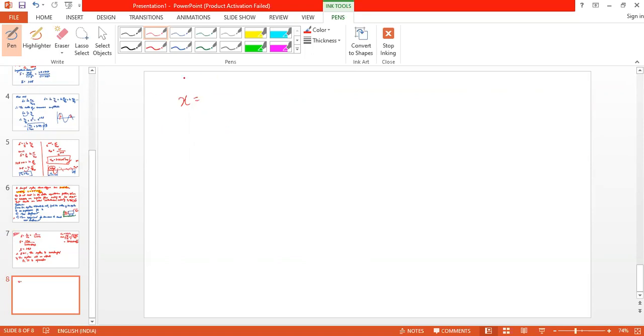So the general solution, if you recall the derivation of the solution for a second order differential equation: what is the second order differential equation for a spring mass damper system?